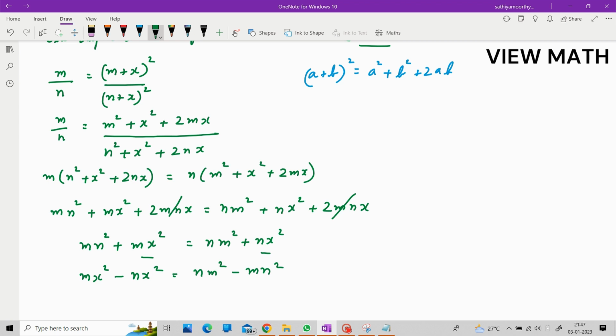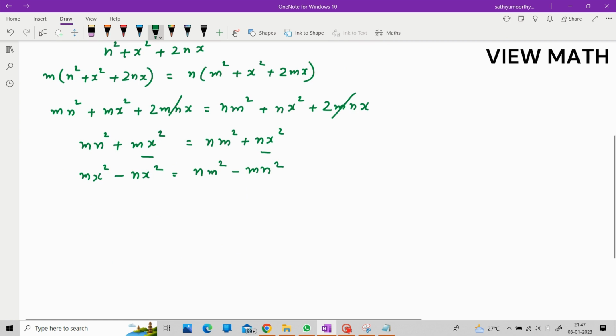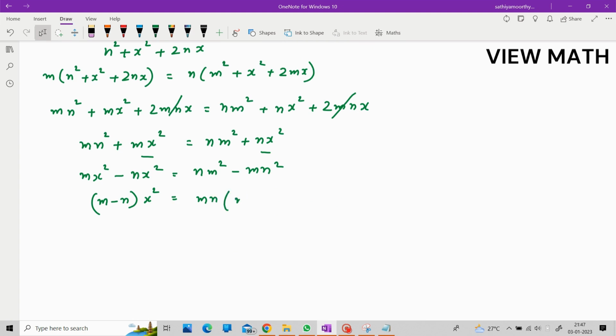Now here I can see x square is common. Let me take it outside. (m minus n) into x square is equal to, here mn is common. Let me take it outside. mn into, here m is remaining minus here n is remaining.